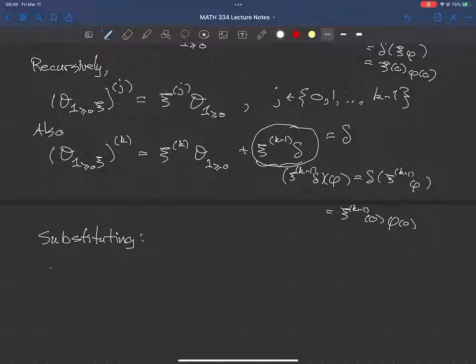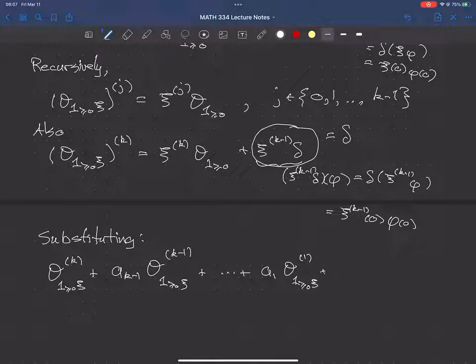So I get the step function times C plus A k minus 1 theta k minus 1 times C, plus A1 theta 1 times C, plus A0 theta times C. Now you just substitute all of the derivatives that I just calculated.